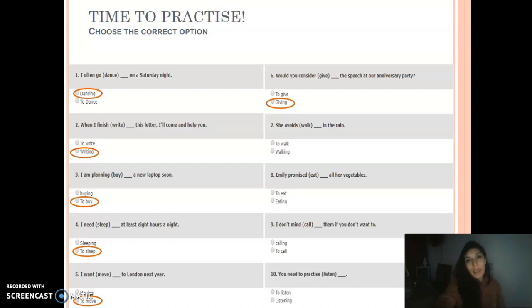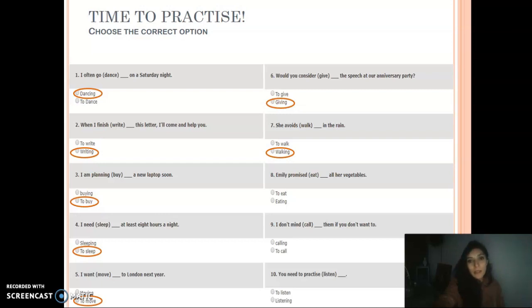As you know, avoid is a verb that accepts two different forms, gerund or infinitive, and it doesn't change the meaning of the sentence. So it can be to walk or walking, but in this case, I want to use she avoids walking in the rain. But if you chose to walk, it's correct also.